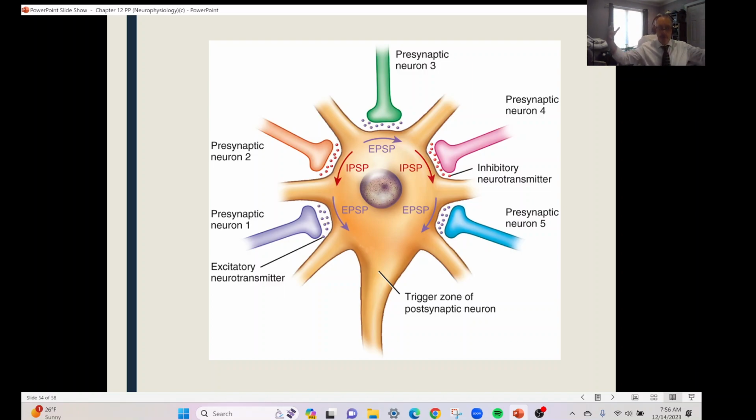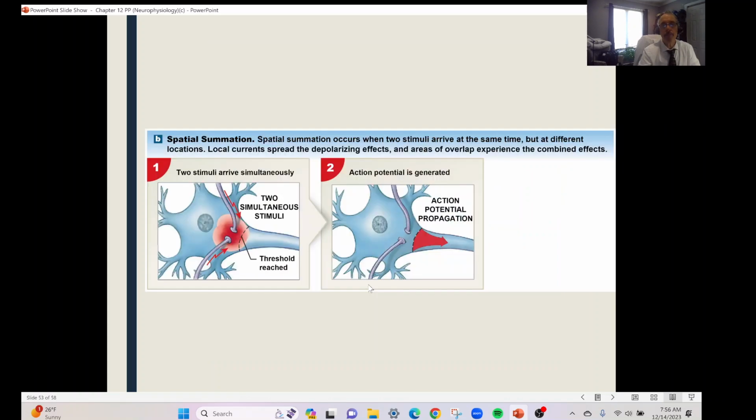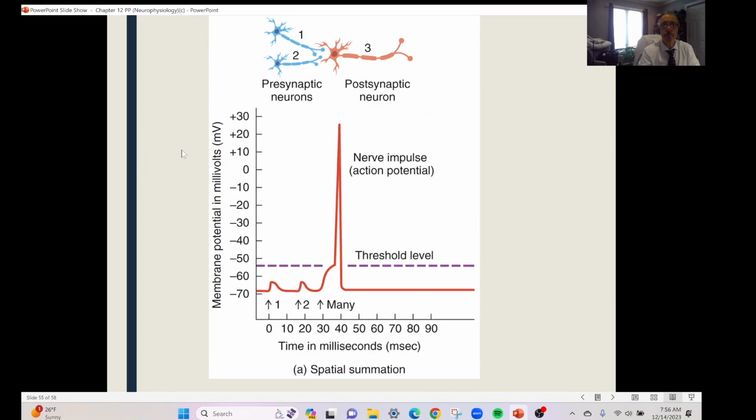The postsynaptic neuron is receiving input from many other neurons, and then it has to summate, right? Add all the EPSPs and the IPSPs, and then it will either fire, meaning that it will be excitatory at the trigger area or the initial segment, or it will be inhibited and it won't fire, right? And that's spatial summation.